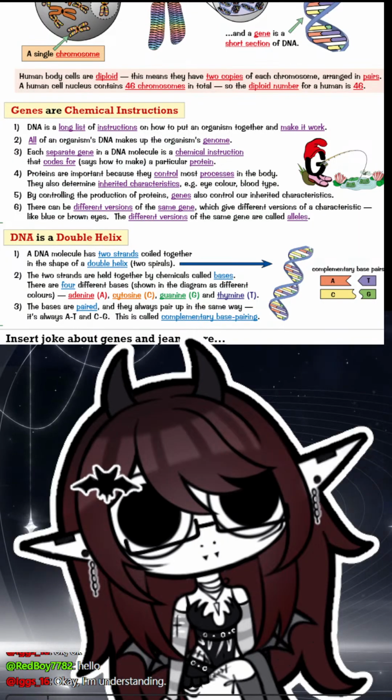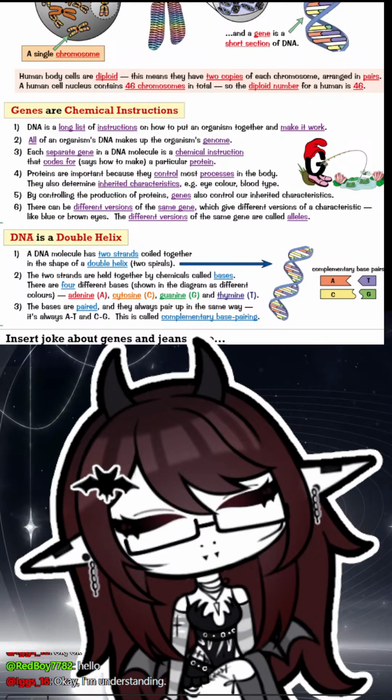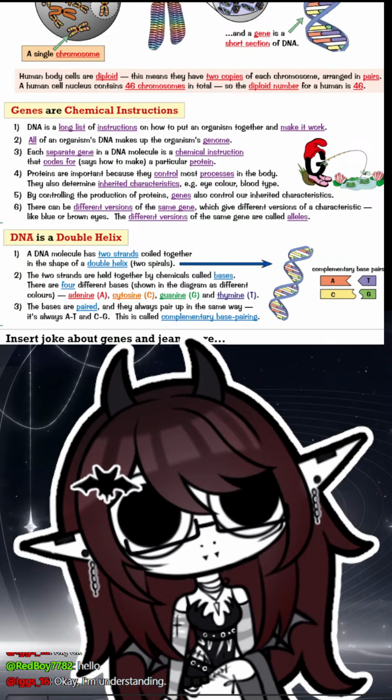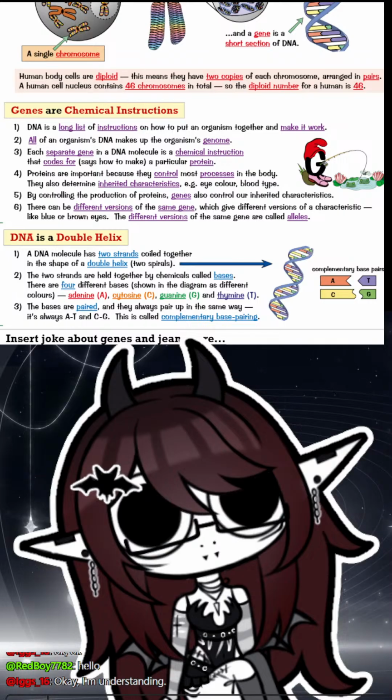DNA is a double helix. A DNA molecule has two strands coiled together in the shape of a double helix, which is a fancy way of saying two spirals. The two strands are held together by chemicals called bases.